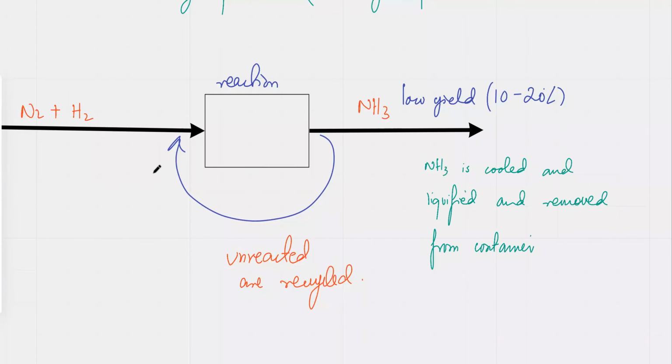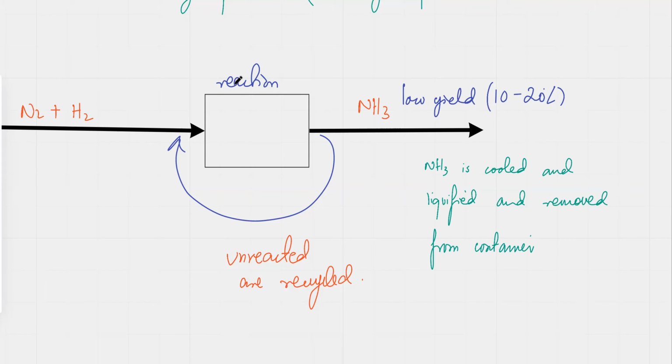If N2 reacts and a little bit of ammonia is produced, you're going to constantly try and remove it by liquefying it. It's got a high boiling point, so it liquefies quickly. N2 and H2 have very low boiling points, so they don't usually liquefy that easily. And the unreacted nitrogen and hydrogen gases are constantly fed back into the system.